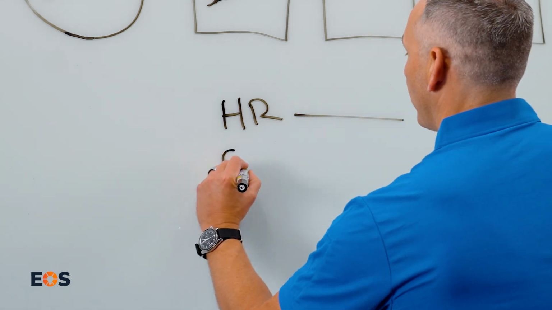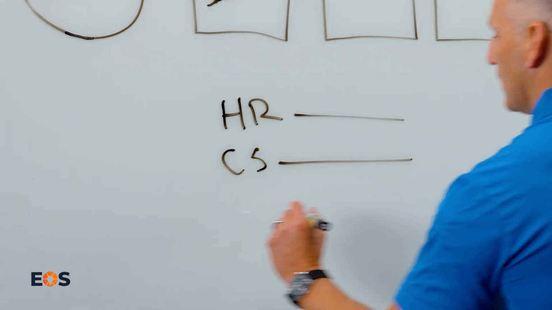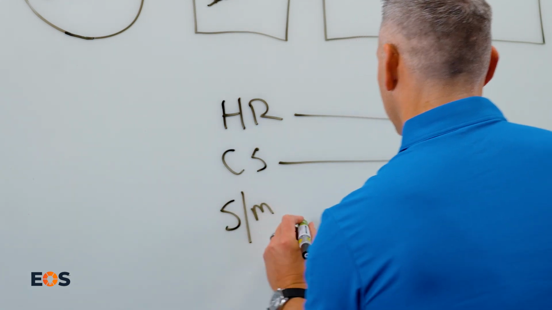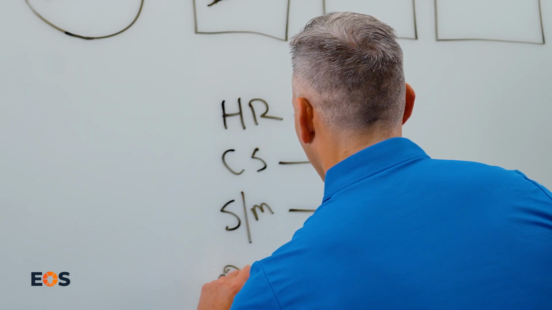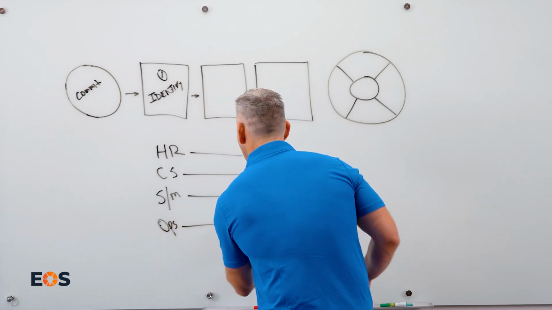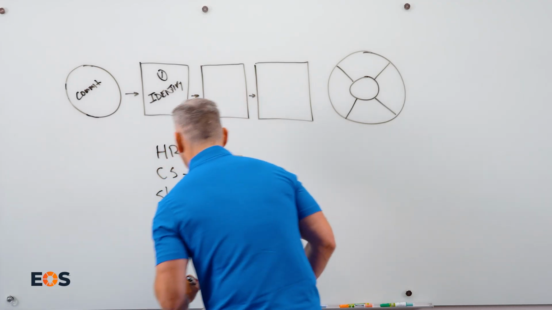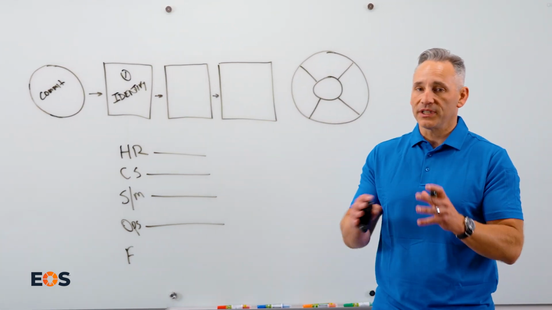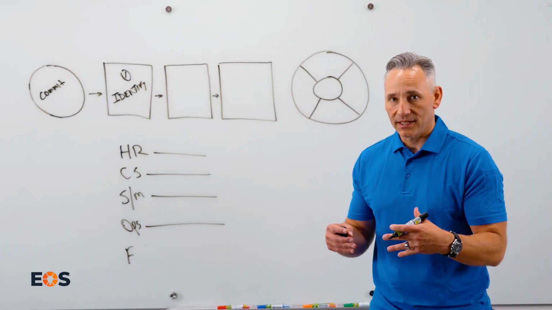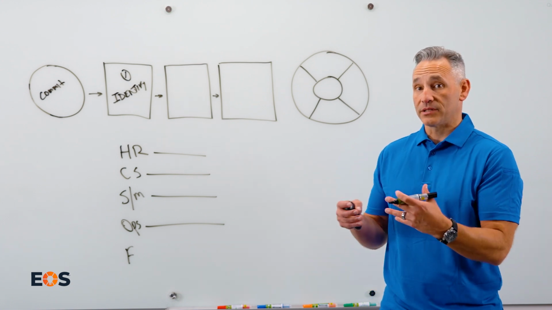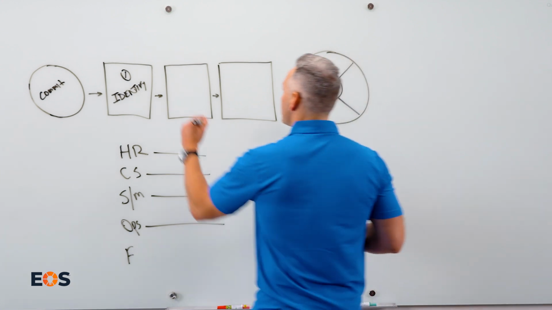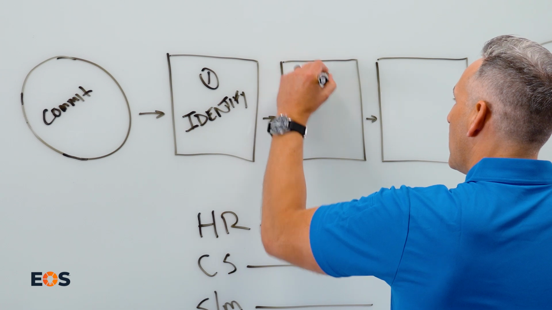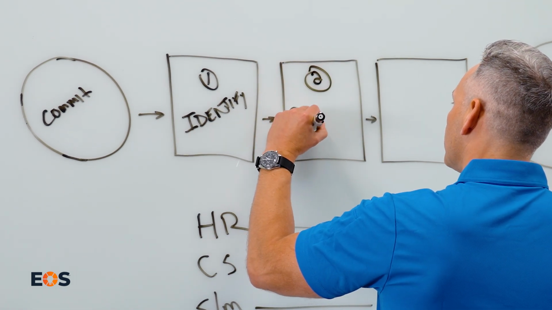You have a customer support process, a sales and marketing process, maybe 1, 2, or 3 operational processes, and then you have a financial process. So once you've identified those handful, 6 to 10 core processes that are running inside of your business, you move to step 2, and that is to document.